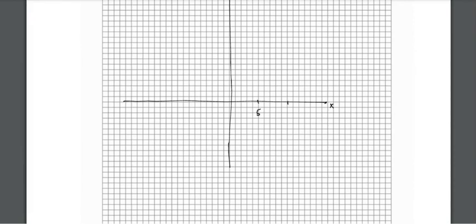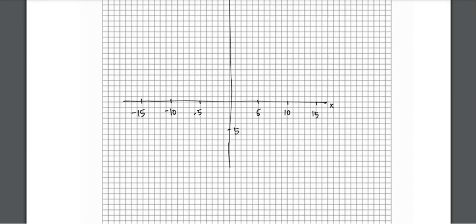2, 3, 4, 10. 1, 2, 3, 4, 15. So as much as I have drawn, I will label. If you don't want to label so much, don't draw such a big grid.